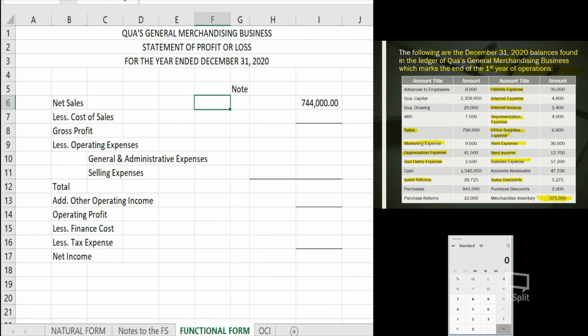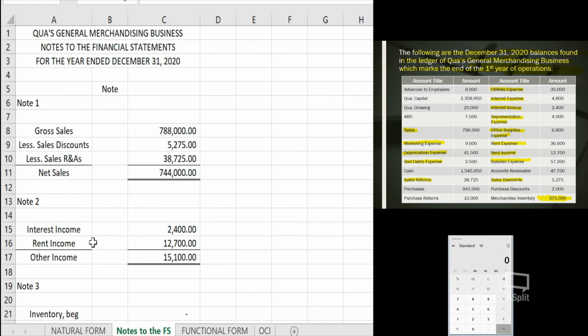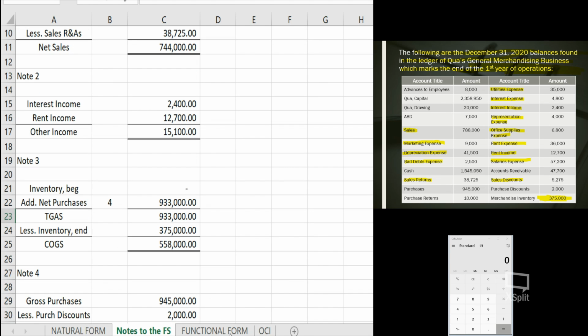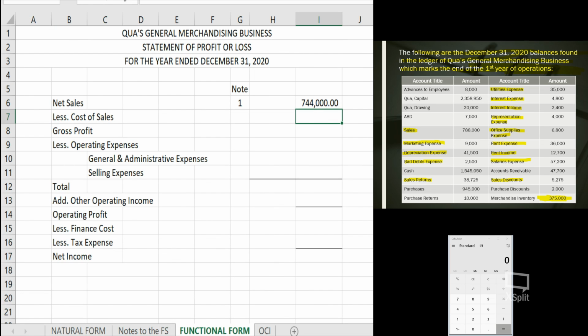So this will be note number 1. Center align lang natin. Ayan. And then, cost of sales, I think na-solve na rin natin. This is note number 3. Cost of sales is 558,000. Note number 3.